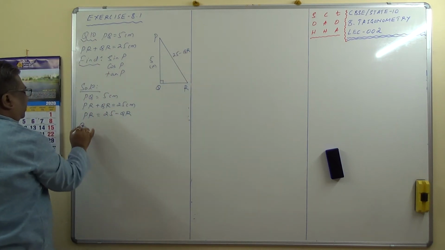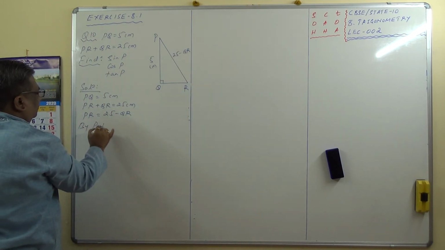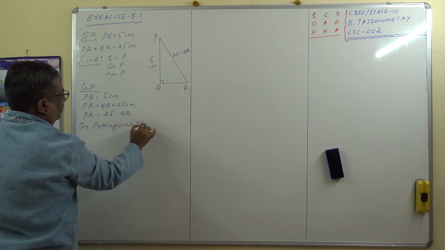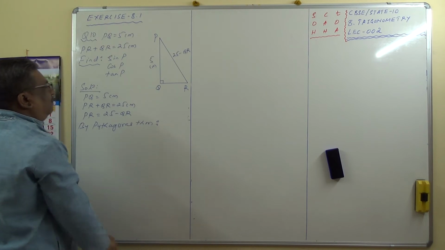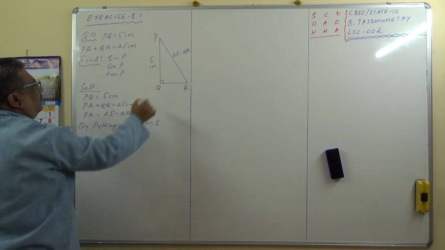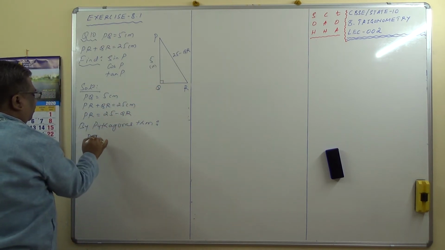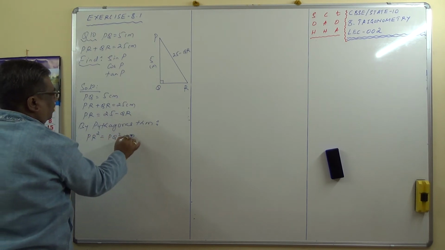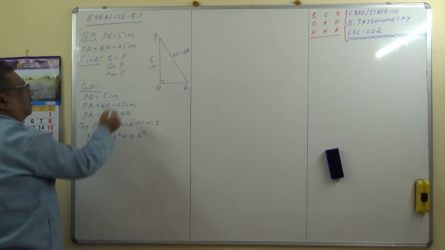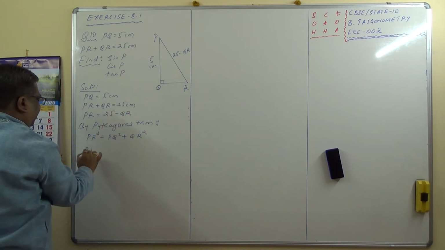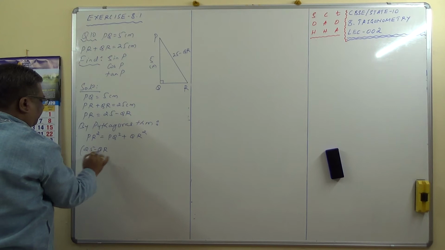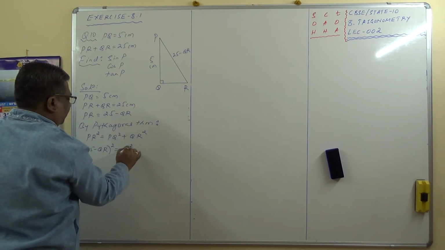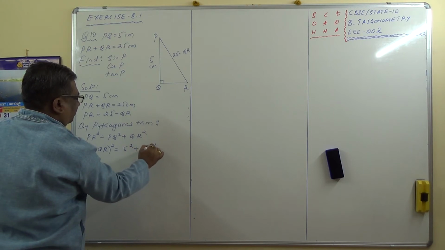By Pythagoras theorem, PR square equals PQ square plus QR square. What is PR? 25 minus QR. PQ square is 5 square plus QR square.